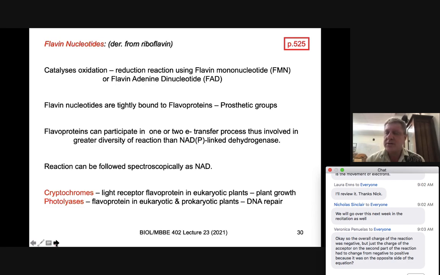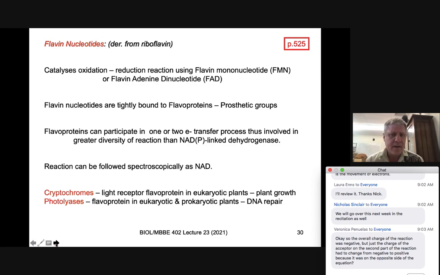The flavin nucleotides that we're seeing, very similar with the heme group, is a prosthetic group. So again, we have the carrying capacity of these flavoproteins to do their work, utilizing the flavin nucleotides as a prosthetic group. So they're not floating around freely in circulation.